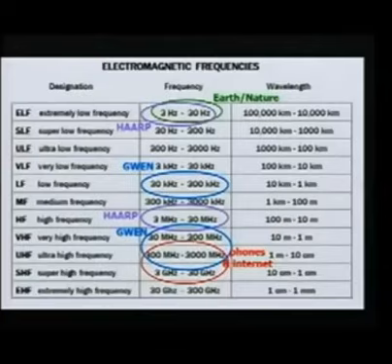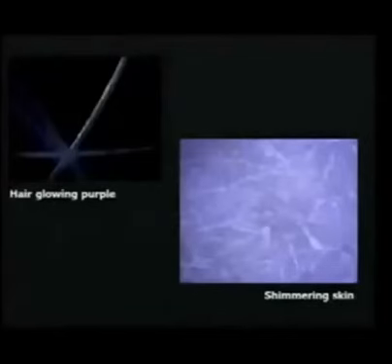Nothing about us today is normal. We have hair that glows and skin that shimmers. This is from a healthy woman in Oregon who's been doing microscopy. And if you go to Mike and Jennifer's table, they can demonstrate some of this iridescent effect for you.